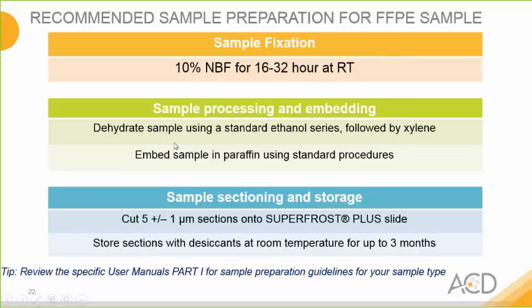The samples are then processed, going through a dehydration series, followed by xylene, and then embedded in paraffin using standard procedures. The recommended section size is 5 micron onto SuperFrost Plus slides. For storage, we recommend storing sections with desiccants at room temperature for up to 3 months.